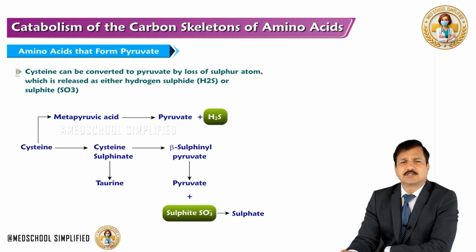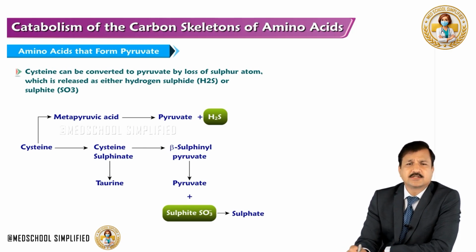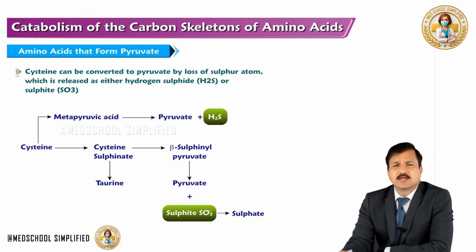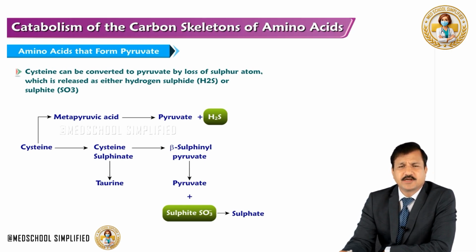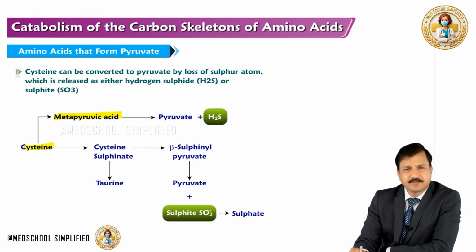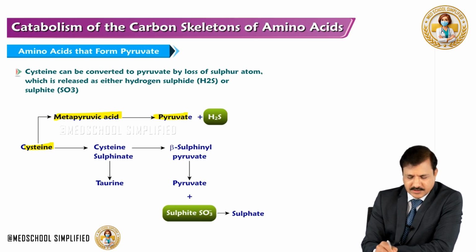This sulfur atom is released either as hydrogen sulfide, H2S, or as sulfite, which will be excreted as sulfate, or it can be stored in the body as phosphoadenosine phosphosulfate, which is the sulfate donor in our cell. How is it done? It is shown here in the figure. Cysteine initially forms mercaptopyruvic acid and is later converted to pyruvate after separation of hydrogen sulfide.